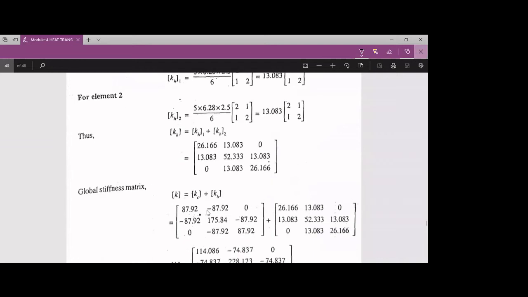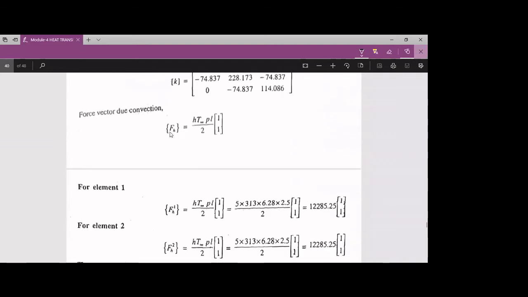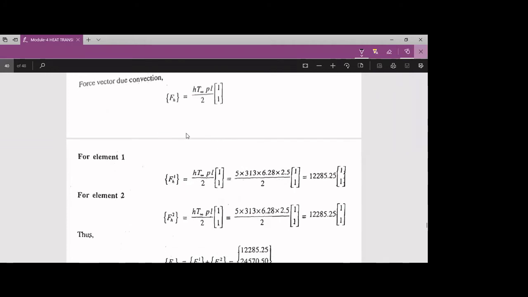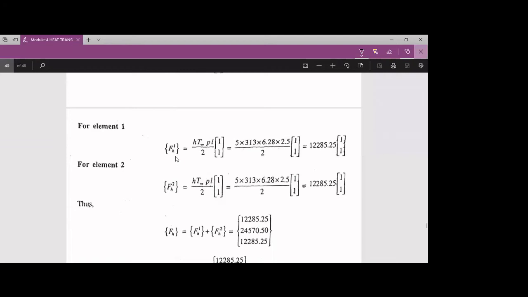Due to convection, the force vector is Fh, which is equal to h T infinity P L divided by 2 times [1, 1]. Again, this equation is given for only one element; keep in mind there are two elements. Now we need to calculate a force vector for each element. For the first element, Fh1 is equal to h T infinity P L by 2 times [1, 1].